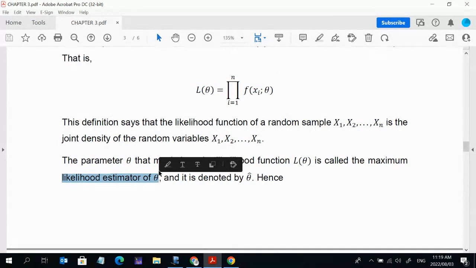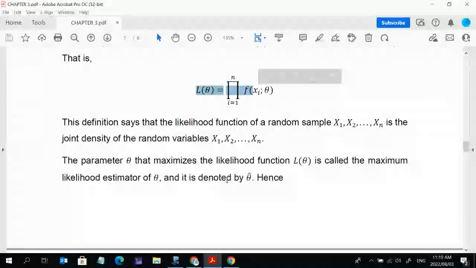It is denoted by theta hat to indicate that it is the estimator. So theta is the parameter, and theta hat is the estimator of the parameter theta.